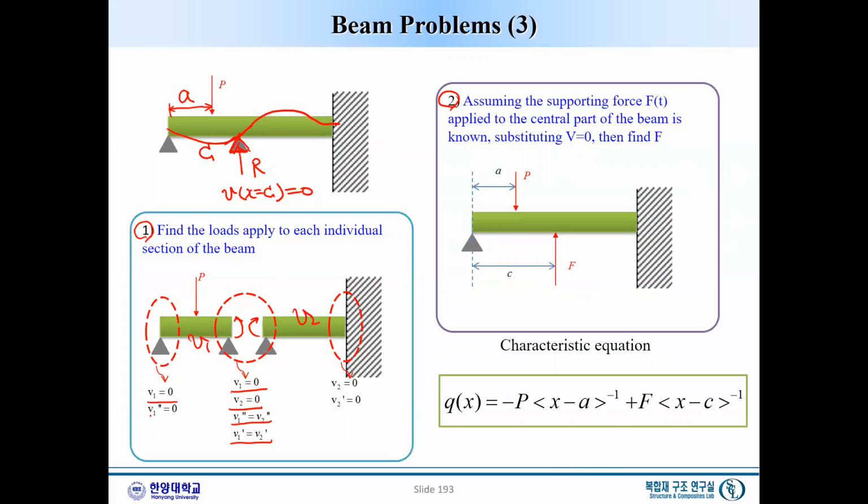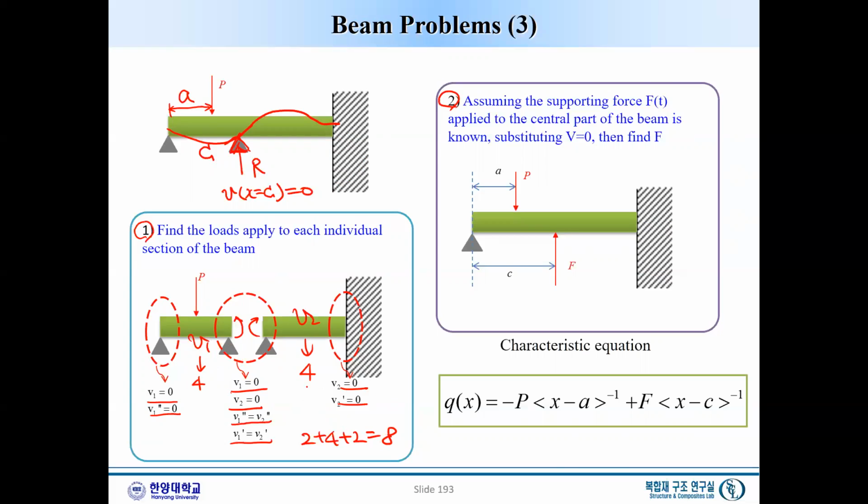There is a 2 and there is a 2, so totally 2 plus 4 plus 2, 8 boundary conditions. V1 has 4 integration constants, and V2 has 4 integration constants, totally 8. So the integration constants will be solved using these boundary conditions.